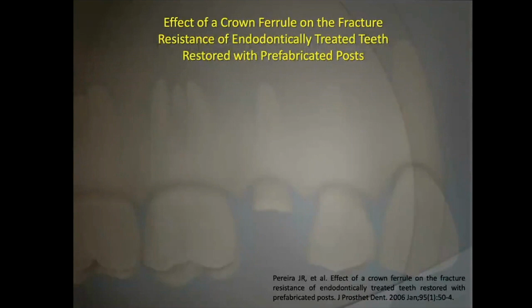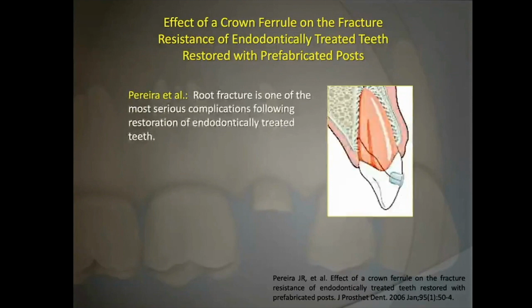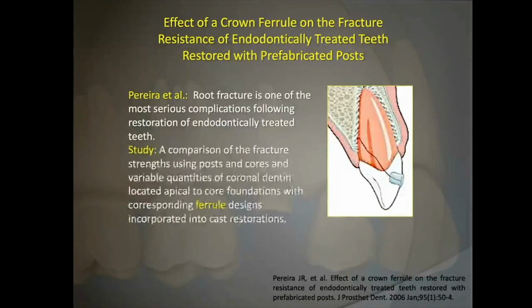The effect of a crown ferrule on the fracture resistance of endodontically treated teeth restored with prefabricated posts. In the Journal of Prosthetic Dentistry, JPD, in 2006, Pereira said that root fracture is one of the most serious complications following the restoration of endodontically treated teeth.